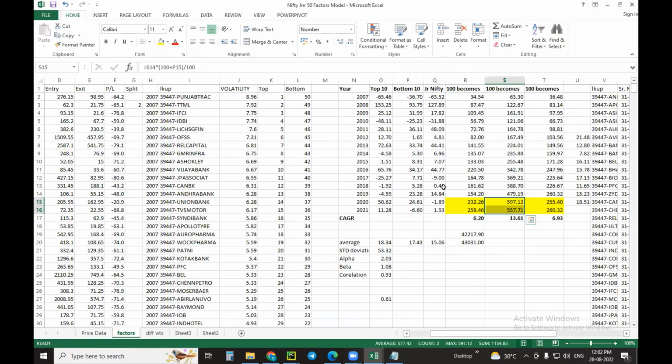Yeah, you sorted. The same story, like what we found out for Nifty. The beta, low R2, low volatility outperforms their counterparts.